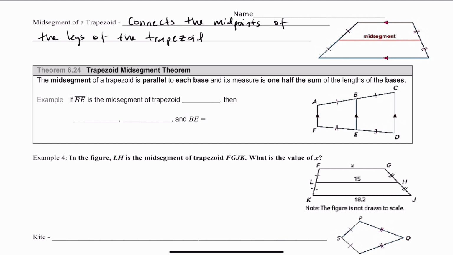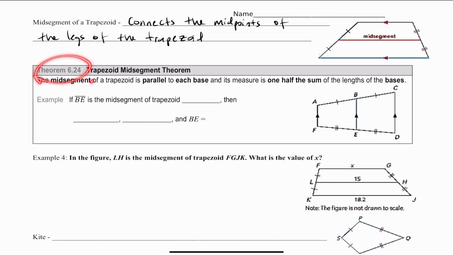So these are my parallel lines, and the non-parallel lines are the legs. The mid-segment connects the midpoints of the legs of the trapezoid.